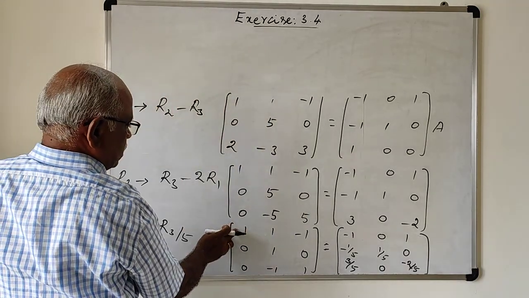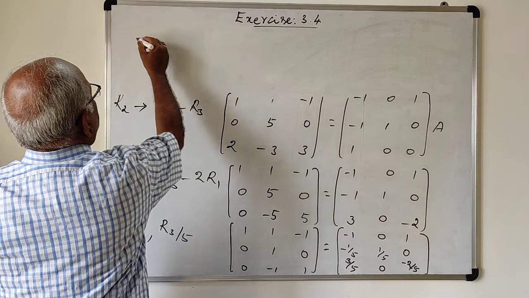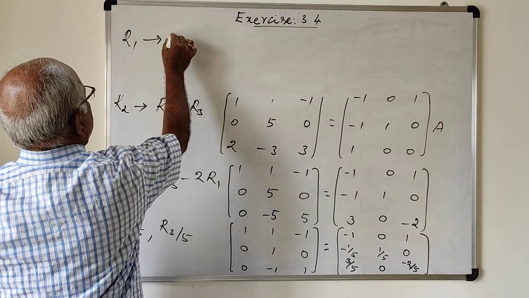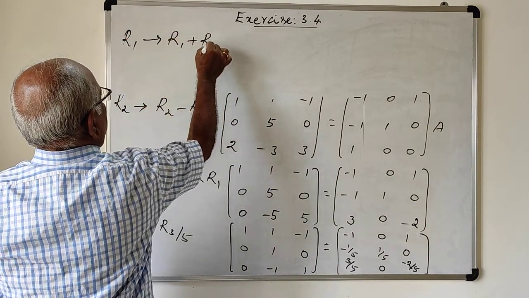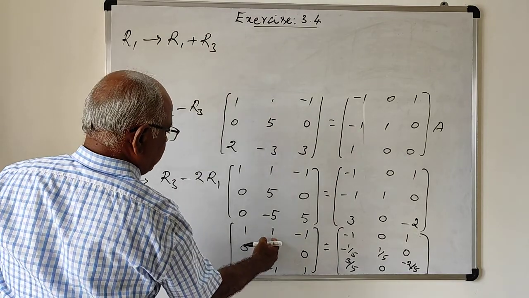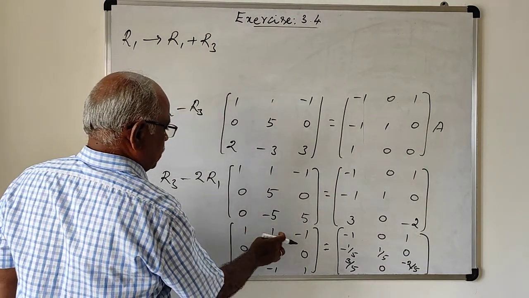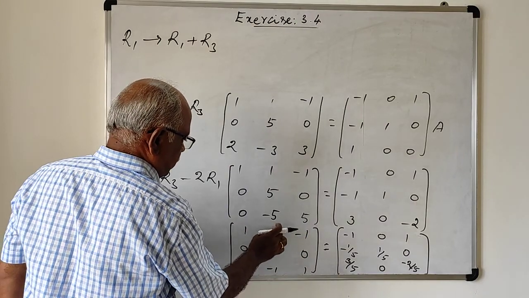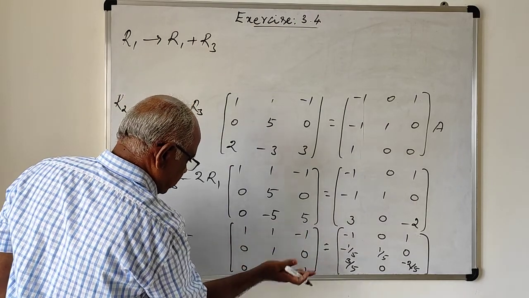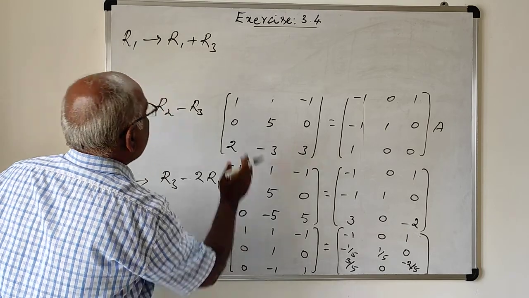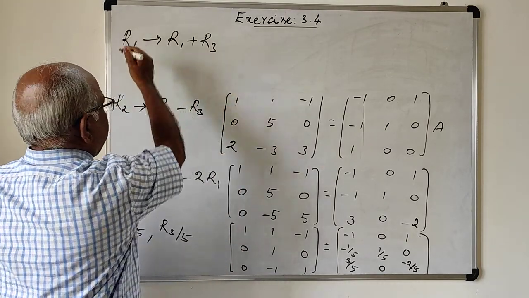See, R1 plus R3, write it in R1. R1 is R1 plus R3, because we want 1, 0, 0, so we make these two elements 0. For that, you add R1 plus R3 and write it in R1.